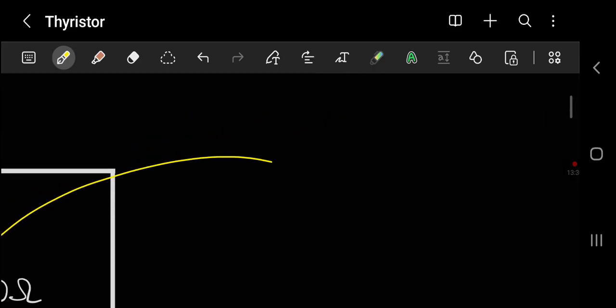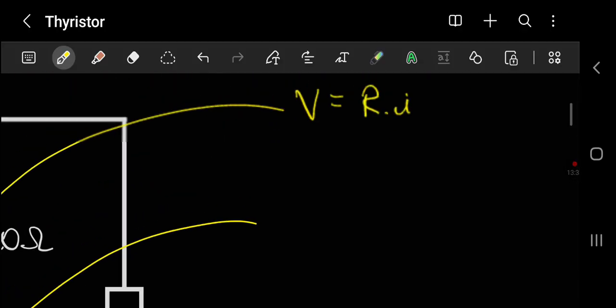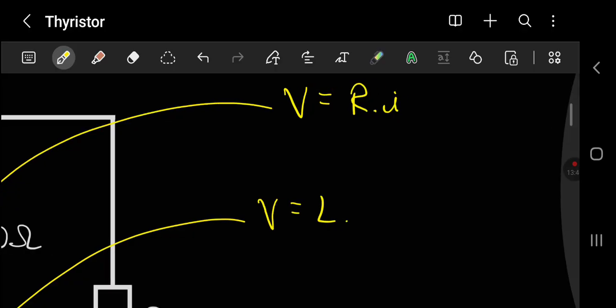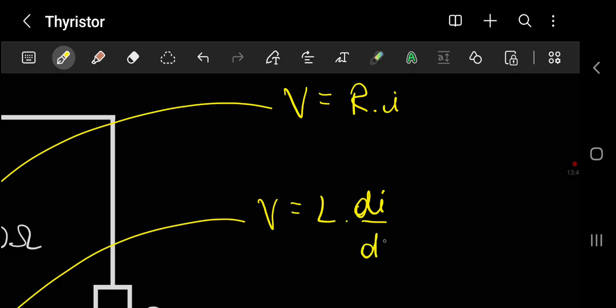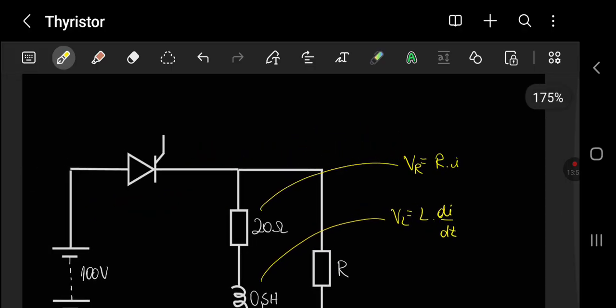So right here we have this. Okay, and for the inductor, V is equal to L times di/dt. That is VL, VR.